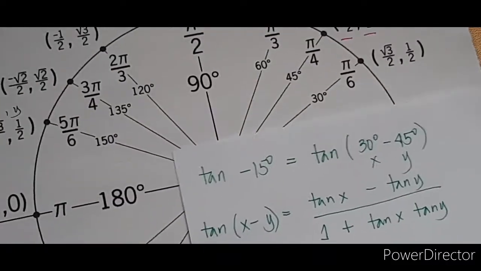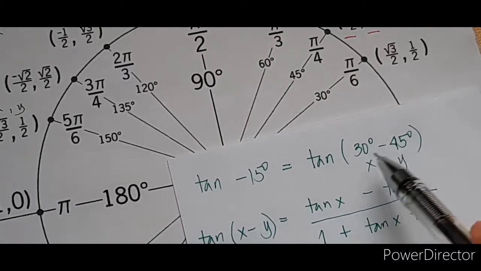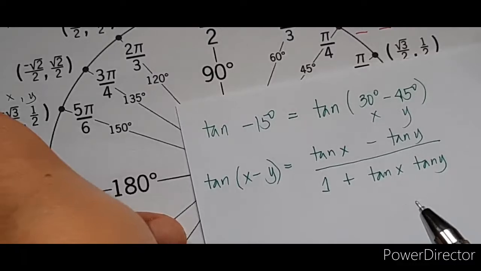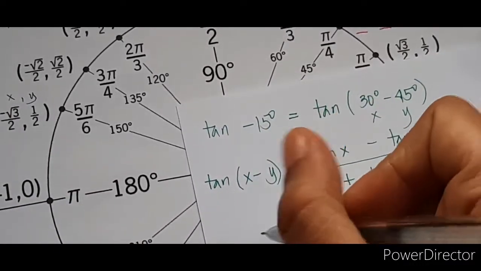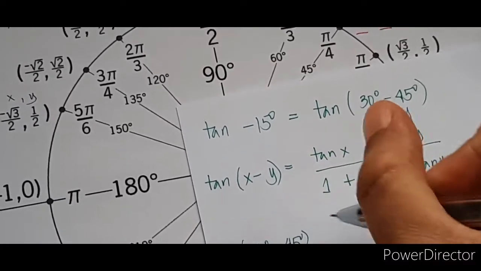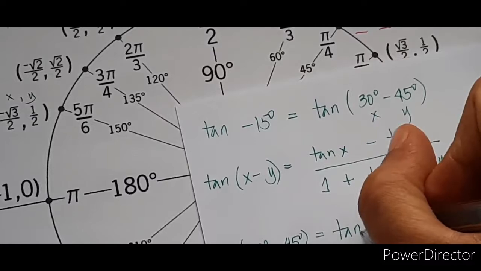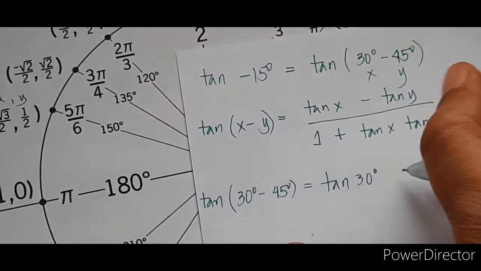Ayan. Okay, so the next thing that you are going to do now is to substitute muna yung ating x and y dito sa ating formula. Okay? So, magiging tangent 30 degrees minus 45 degrees is equal to tangent, ano yung x natin? 30 degrees. Oh, sorry.